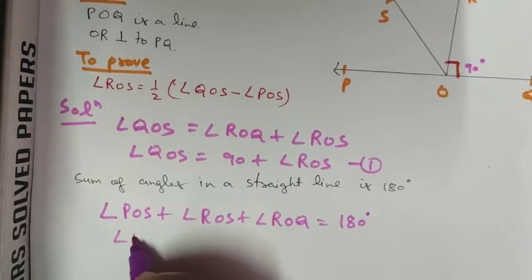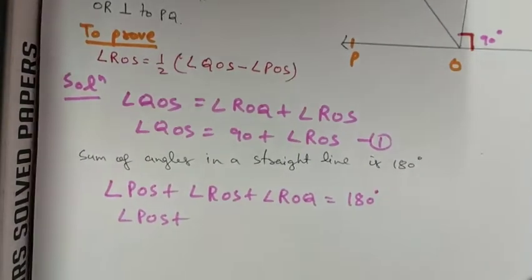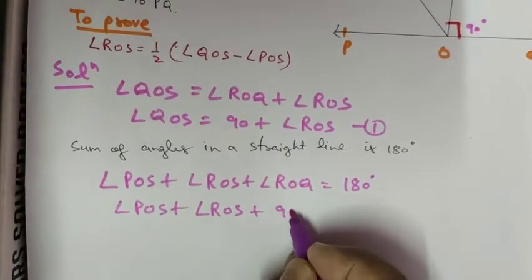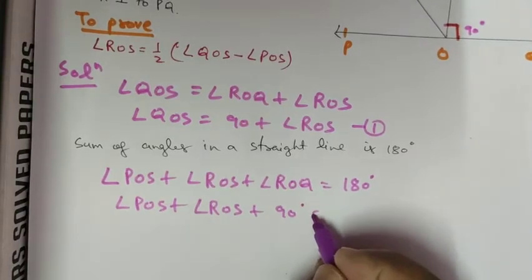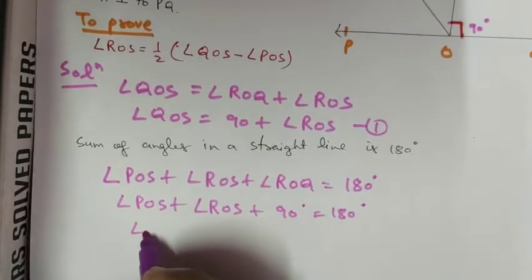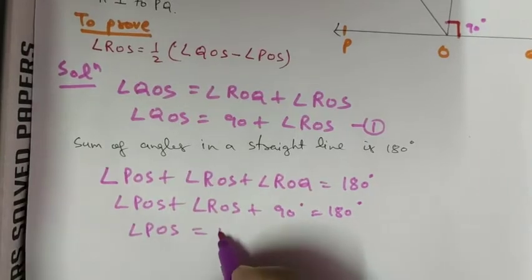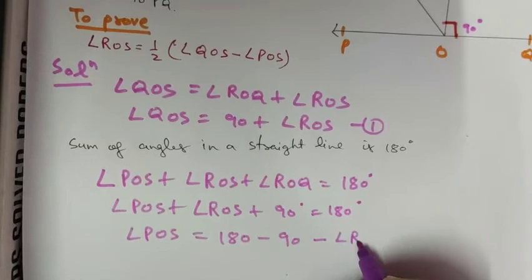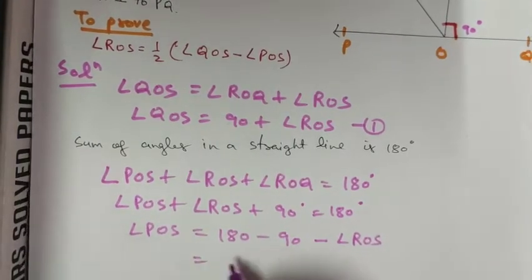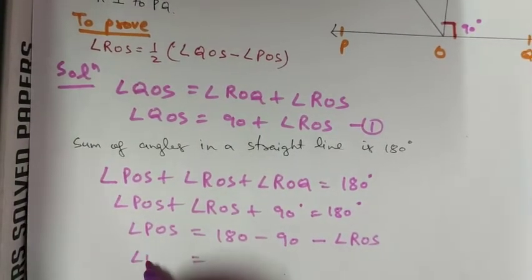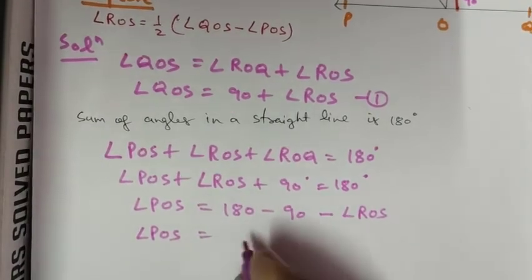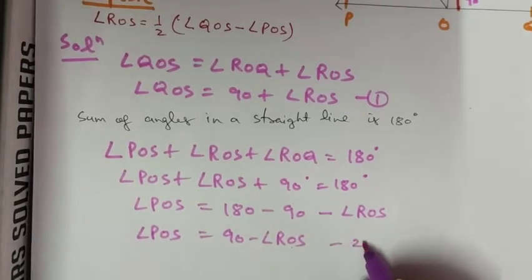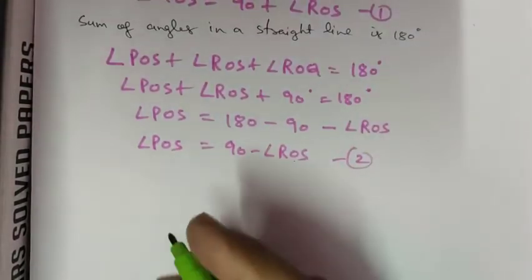So angle POS plus angle ROS plus 90 degrees, ROQ is 90, equals 180 degrees. So angle POS equals 180 minus 90 minus angle ROS, and 180 minus 90 is 90. Angle POS equals 90 minus angle ROS. This is equation number 2.